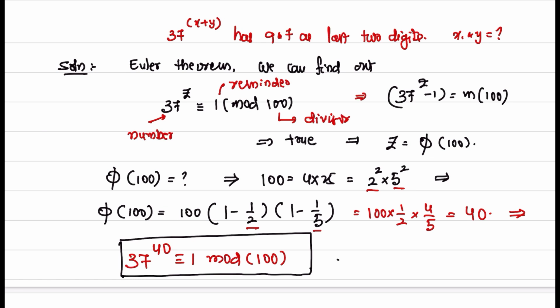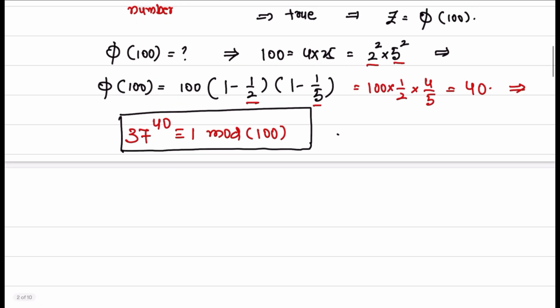Let us try to find now. Here we will be using the Carmichael function.